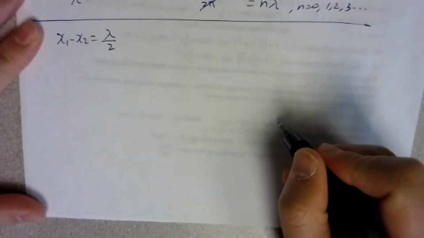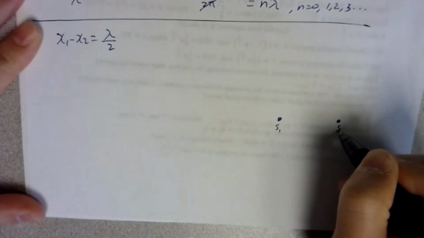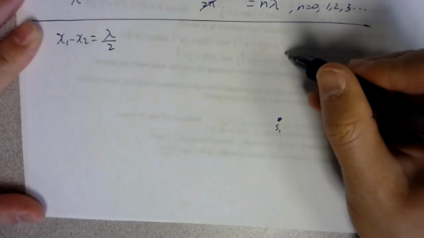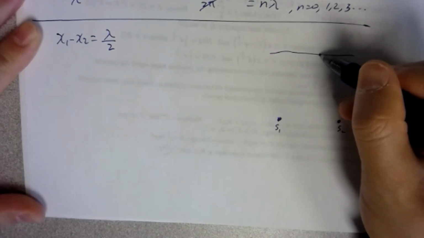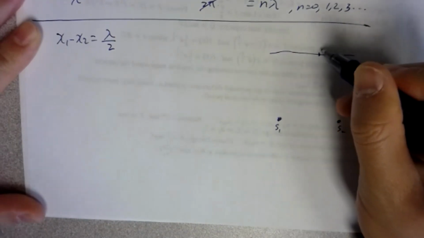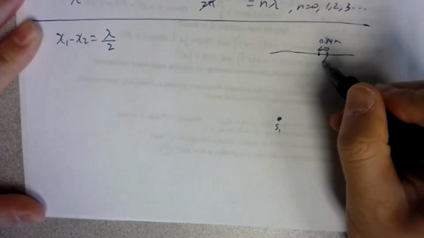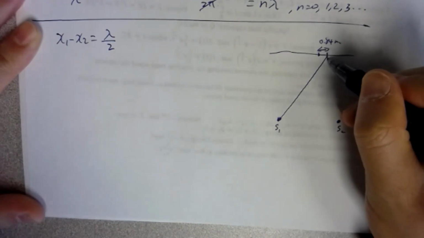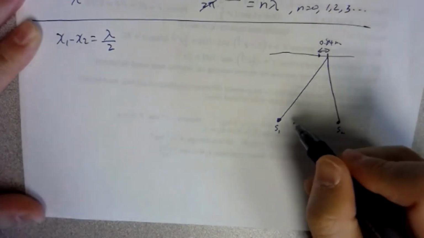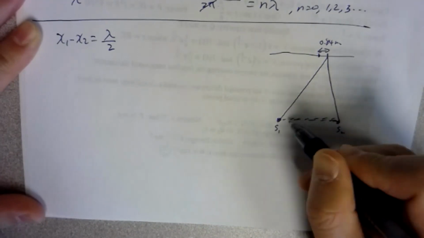Two speakers, source 1, source 2, and then that's the wall. Initially he is in the middle, and I have to move by 0.84 to here. So x1 minus x2 is equal to half of the wavelength.